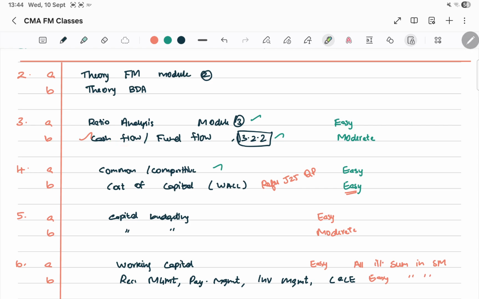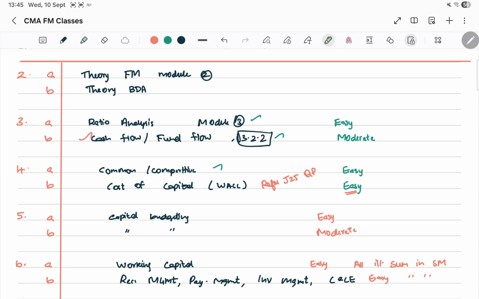If in corporate accounting they ask a full-fledged cash flow with all three subheads, then in financial management you will get any one of them. If in corporate accounting they ask any one of investing, operating or financing, then in financial management they will ask the full-fledged one. This is one thing you need to note in terms of the cash flow statement.